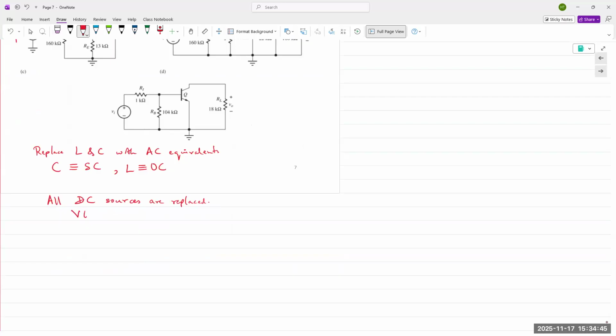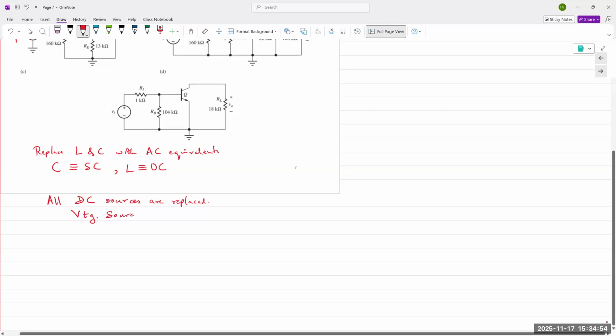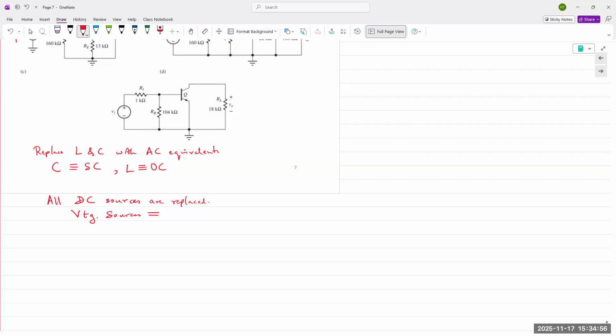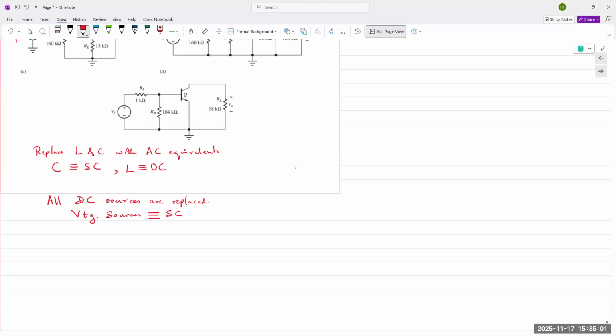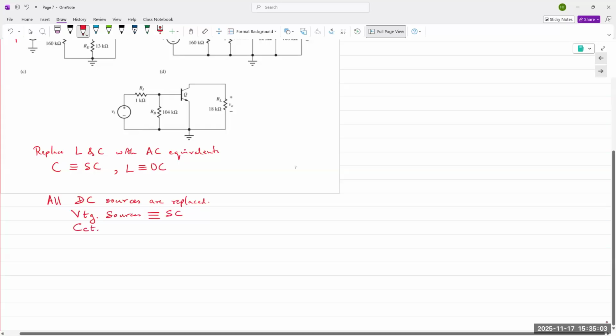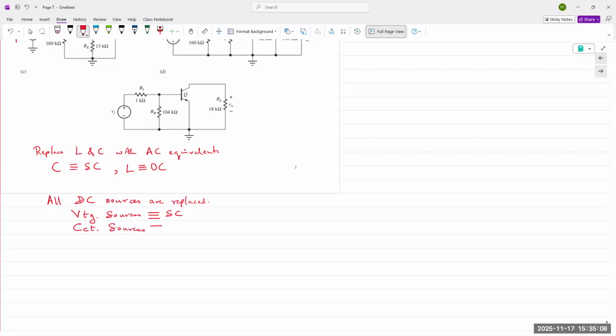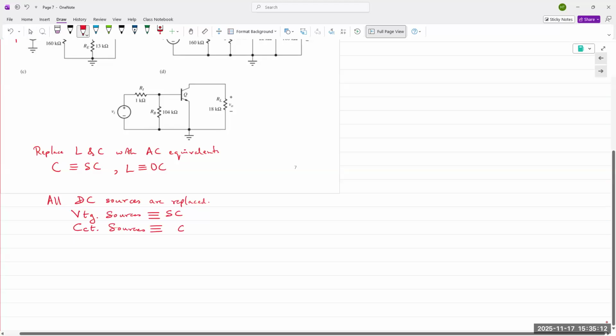Voltage sources, VTG is my acronym for voltage, so voltage sources are replaced with the equivalent of a short circuit. And current sources, CCT, are replaced with an open circuit, OC.